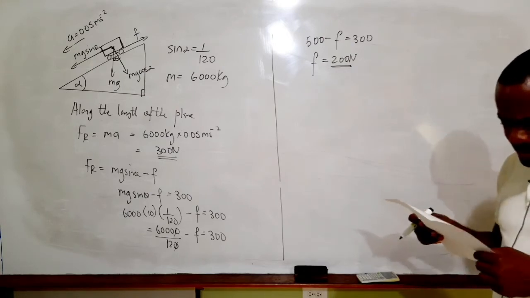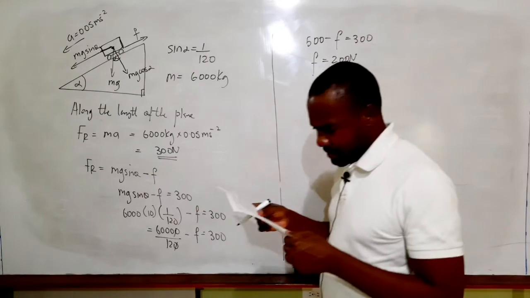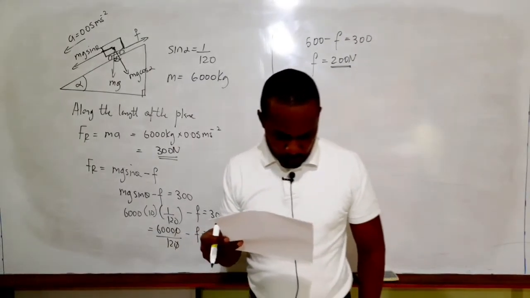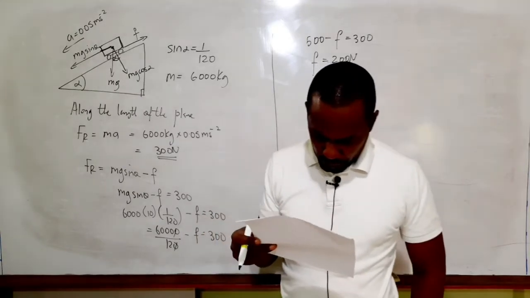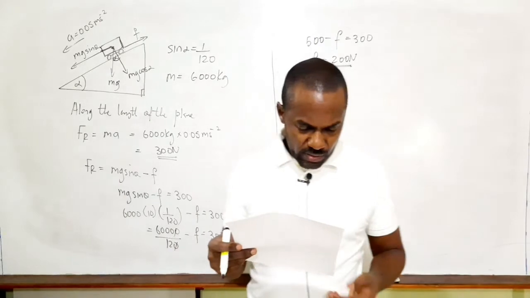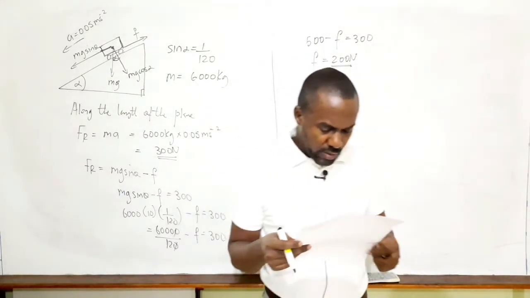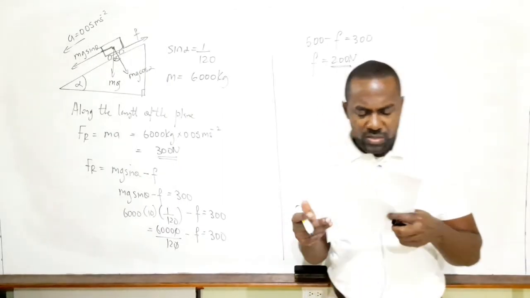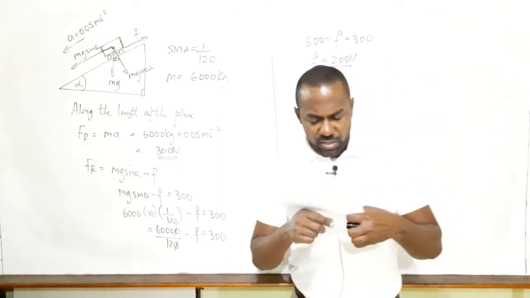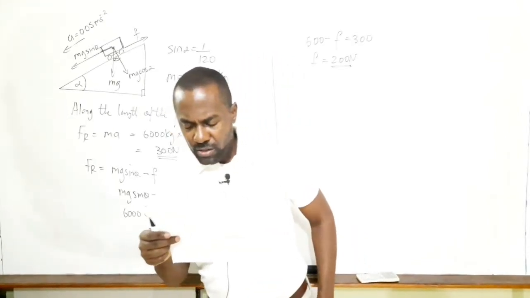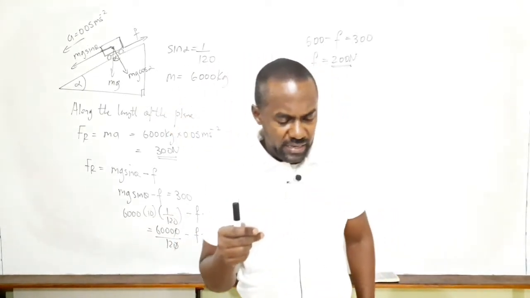So we look at another question. This time we look at question 7. Now question 7 says, a car of mass 1,000 kilograms tows a caravan of mass 600 kilograms up a road which rises 1 meter vertically for every 20 meters of its length.